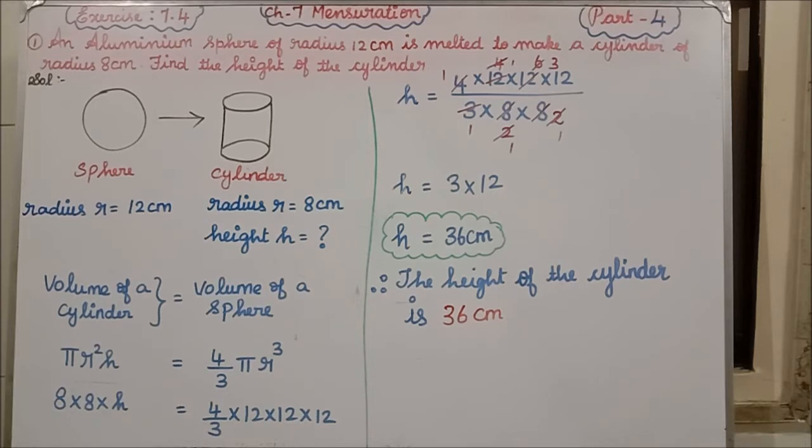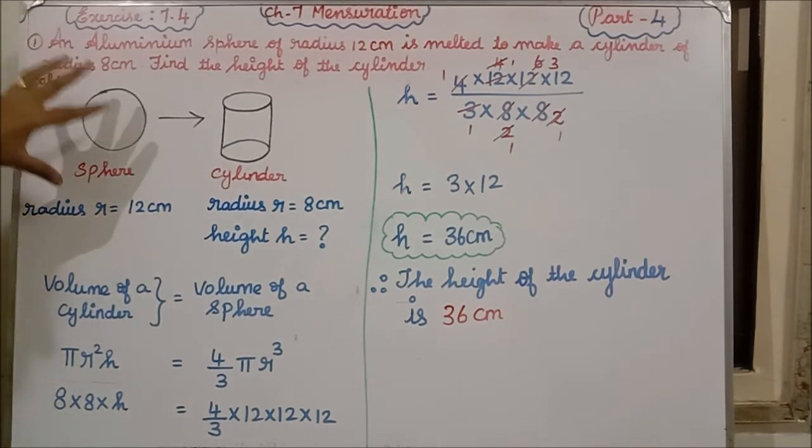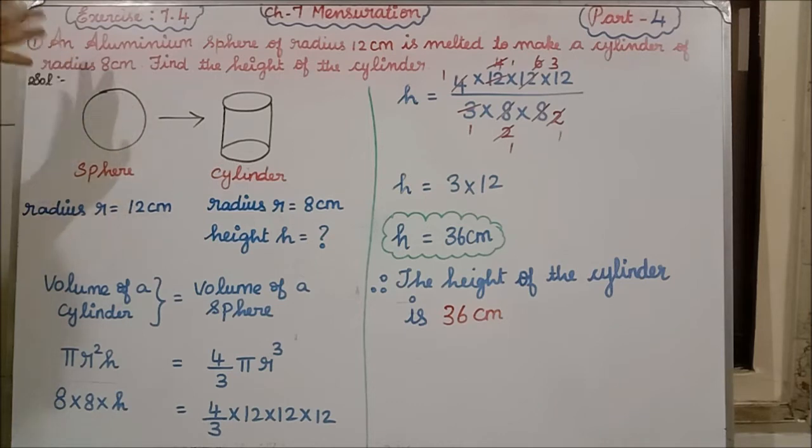Now, in part 4 session, we are going to learn about conversion of solids from one shape to another with no change in volume. Students, they will be giving one figure, and with that figure, we will be converting into another figure. You can melt it or mold it into another shape.